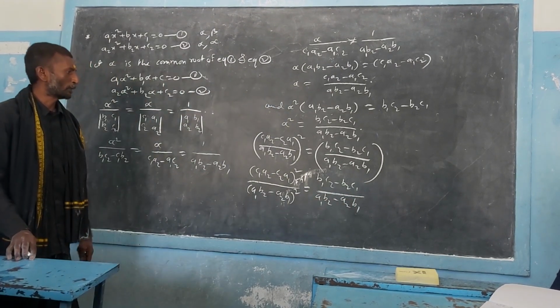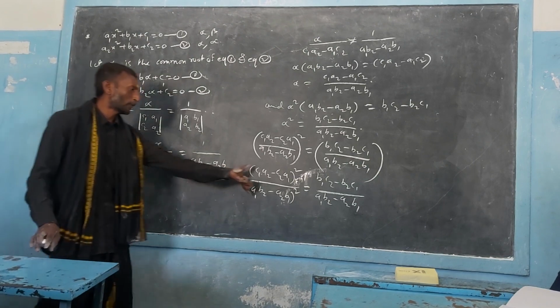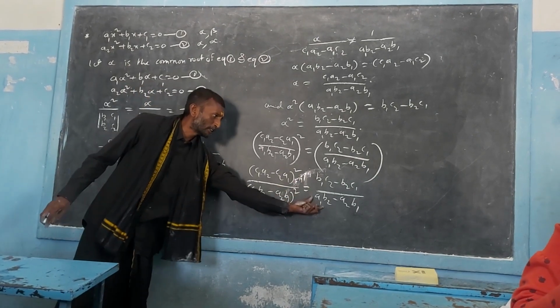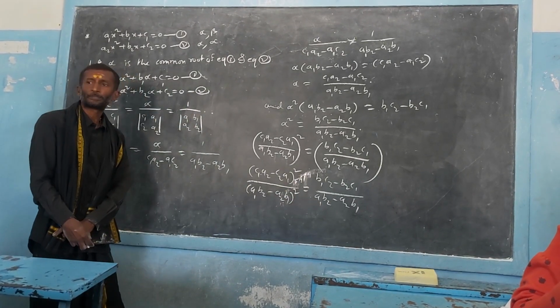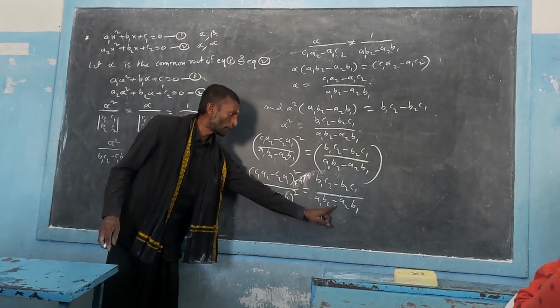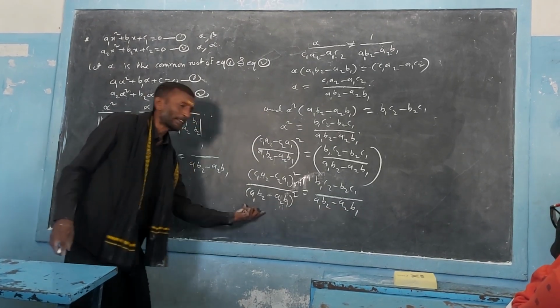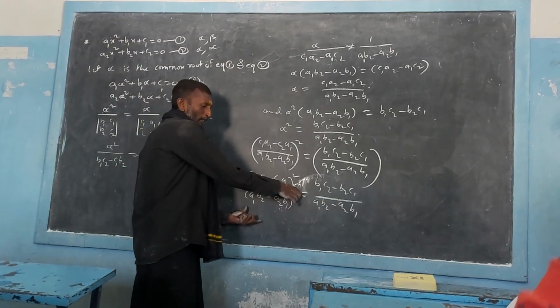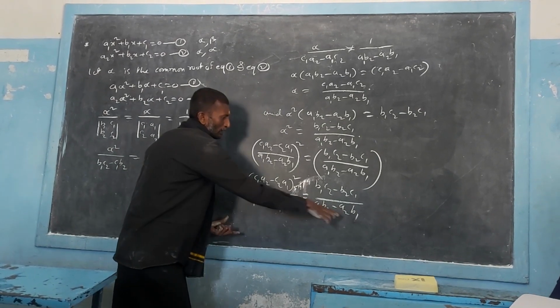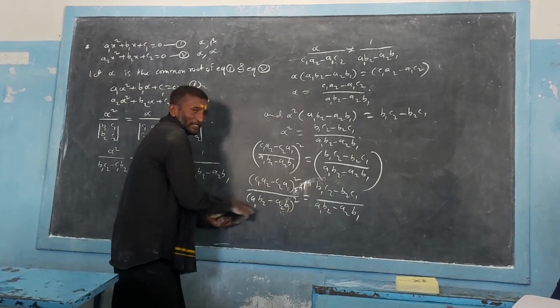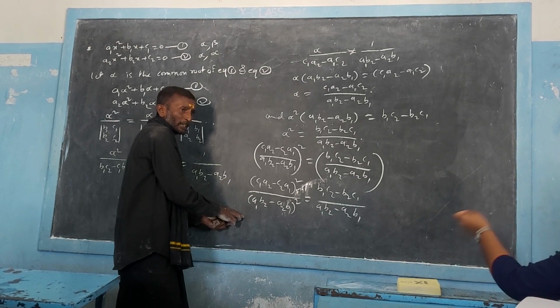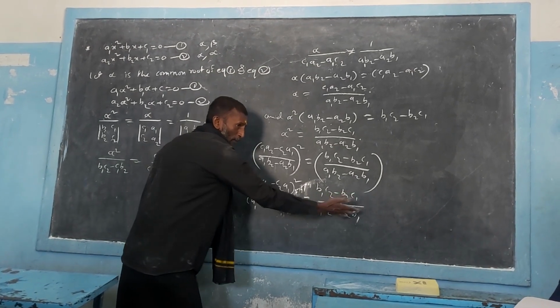So what do you observe from the denominators of both the fractions? In the denominator part we have one common factor, A1 B2 minus A2 B1. On the left its square is there, which means we multiply this factor by itself twice. So one can be cancelled from the denominator.